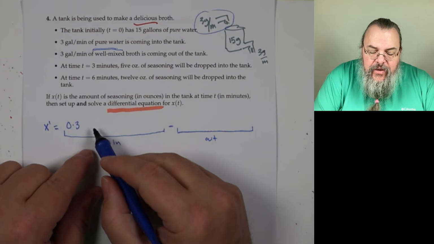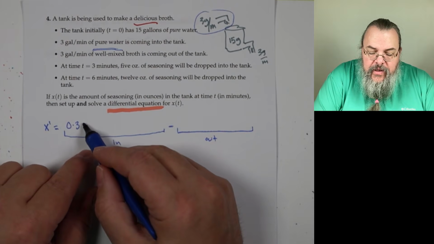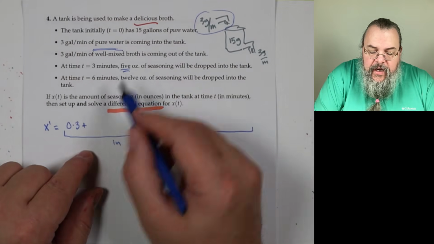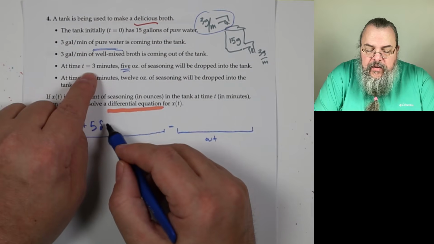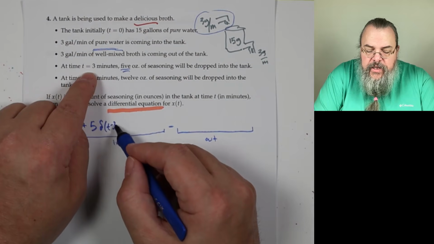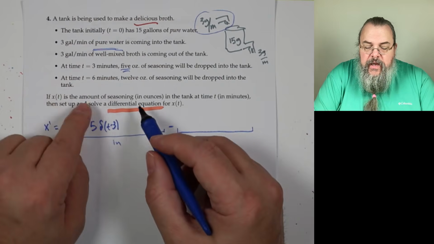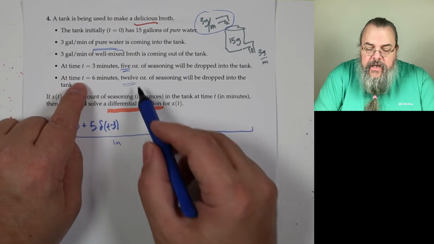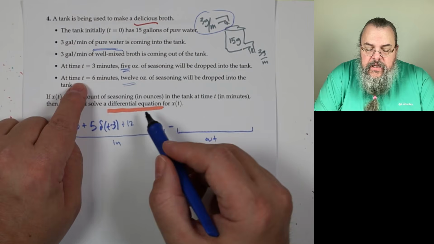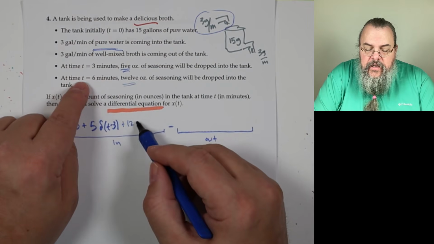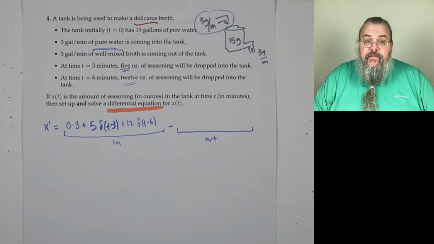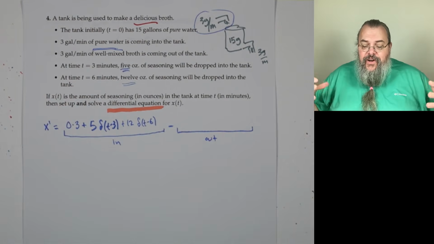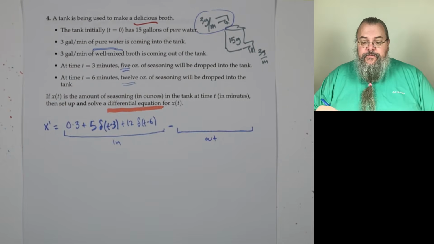So this is going to be a delta, and there's a 5, so 5 delta. And then what time does it happen? t minus 3. And similarly, we're going to add 12. This is going in. And 12 delta t minus 6. Okay, so that's our inflow.